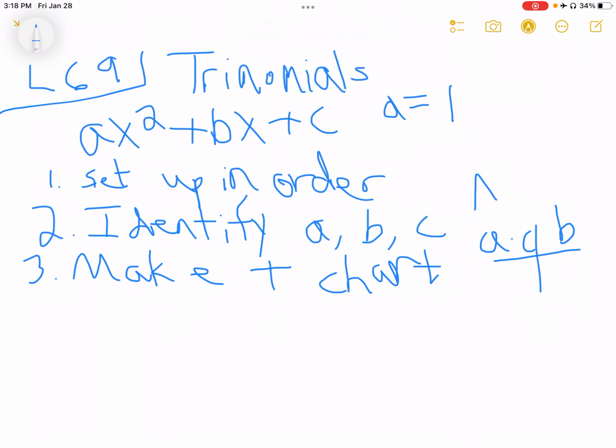Yeah, that works. Okay, so M is for multiplies to, and then this last part is adds to. So A, C, and B. And then for step 4 is to find those numbers. Find the numbers.